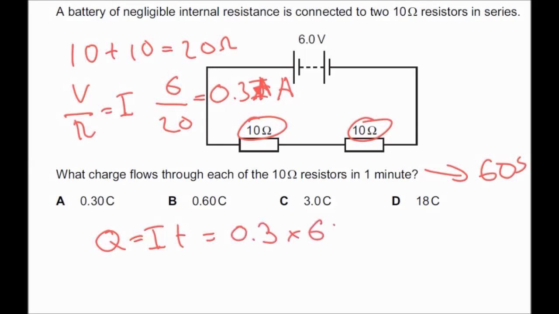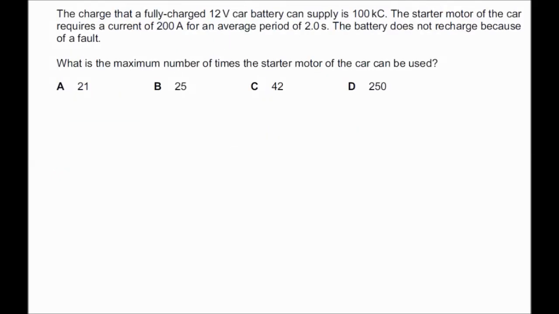is the charge that a fully charged 12 volt car battery can supply is 100 kilocoulombs. The starting motor on a car requires a current of 200 amps for an average period of 2 seconds. The battery doesn't recharge because of a fault. What's the maximum number of times the starter motor of the car can be used?